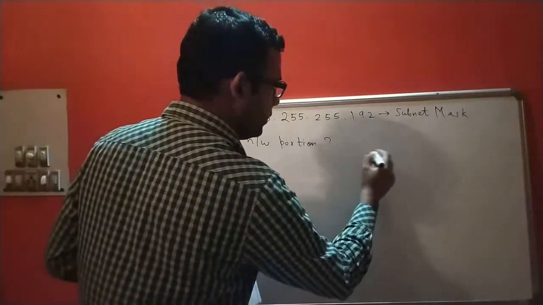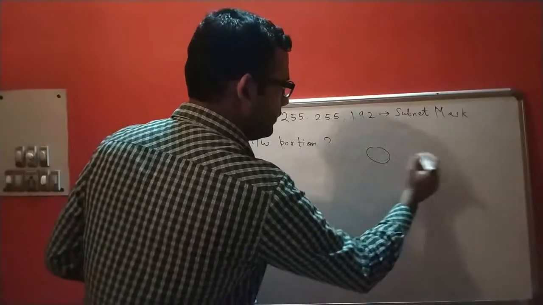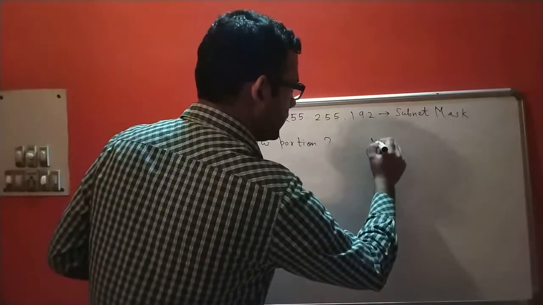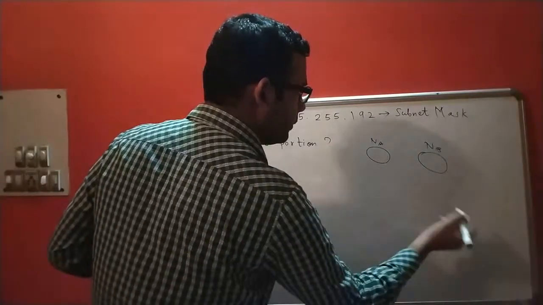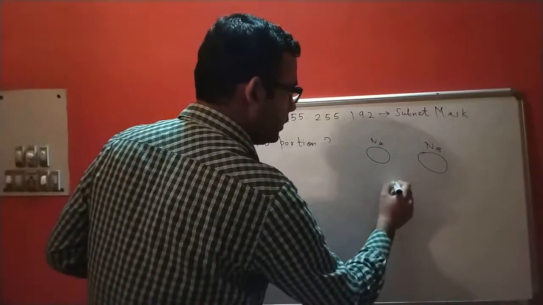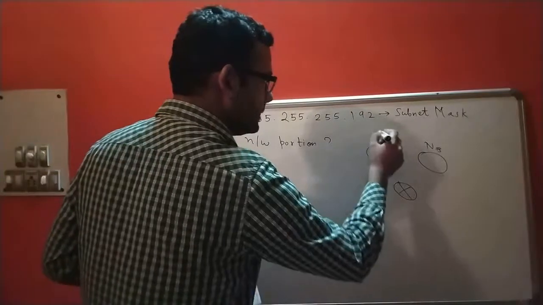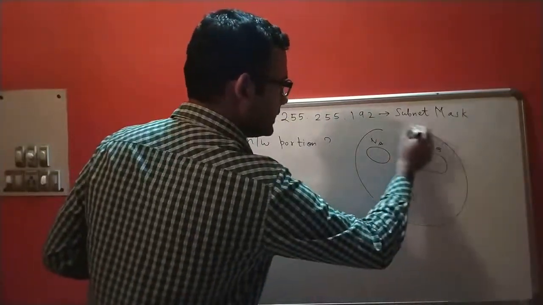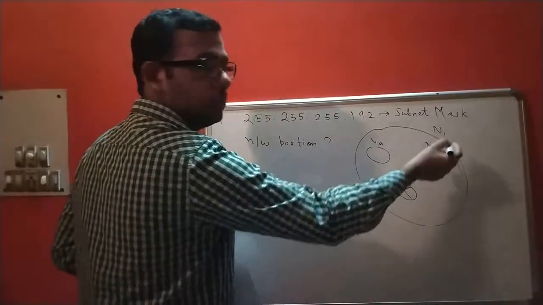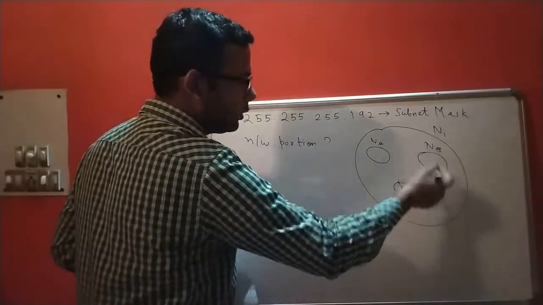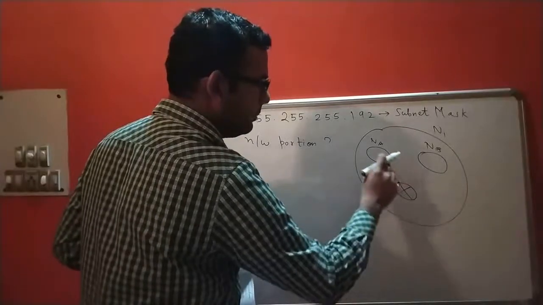Let's say you have network A and network B, so that there has been subnetting. Let's say this is my entire network, let's call it N1. It has been subnetted into 2, and you get 2 subnetworks, NA and NB.